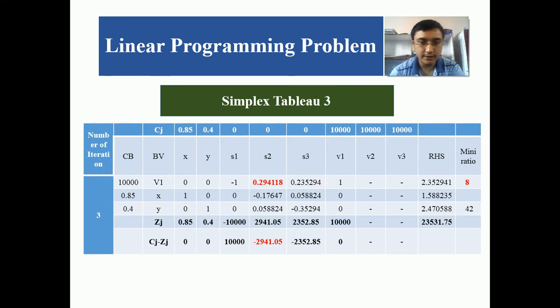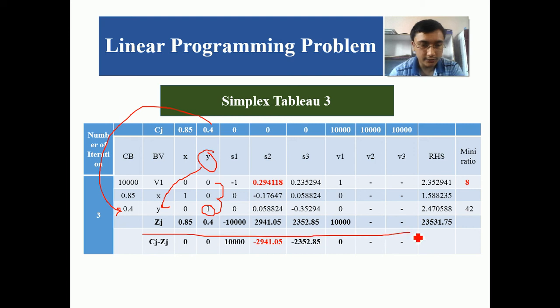And in the simplex table 3, we can see that we have made the pivot element 1 and other two elements of that column 0, and y has replaced v3 and its coefficient has replaced the coefficient of v2, which was initially 10,000, and the same process is followed.